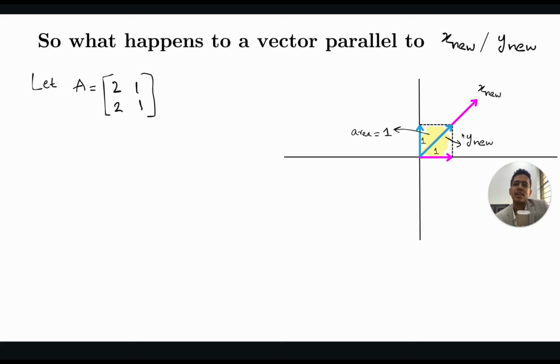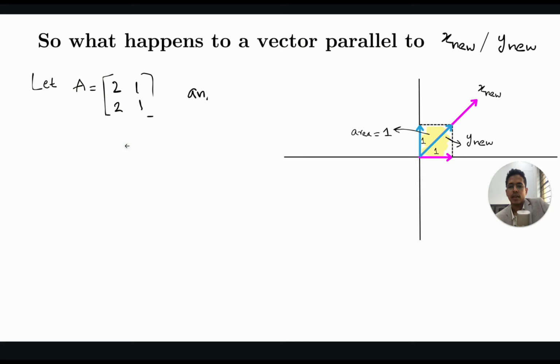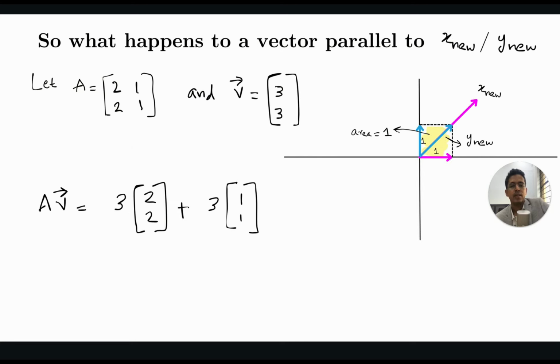We know that any other vector along this line can be represented in terms of x new and y new. So let's say the vector v is (3, 3). Then Av equals 3 times (2, 2) plus 3 times (1, 1), which is (9, 9). The top element is 3 times 2, 6, plus 3, 9, and the bottom element is 3 times 2, 6, plus 3, 9. So that is 3 times (3, 3), which is 3v.